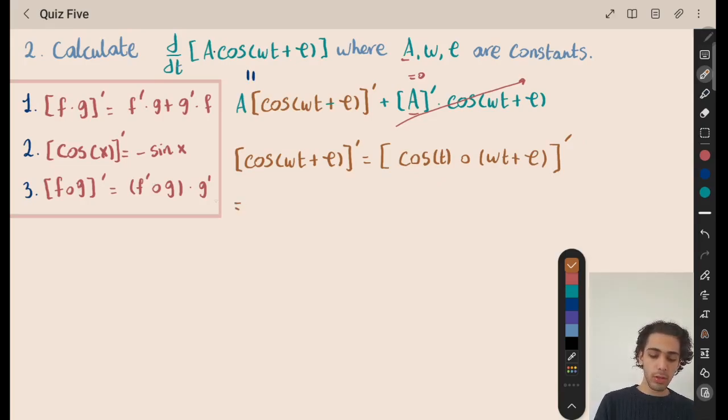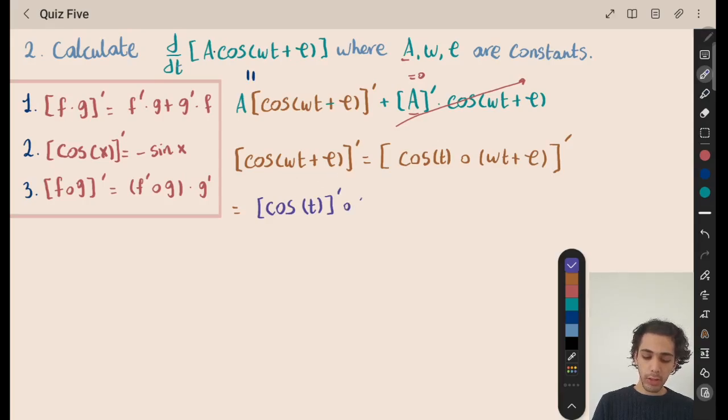By number 3, we're composing two functions. We take the derivative of the outer function, so the derivative of cosine, just like here, and then we compose it with g, which is the inside function.